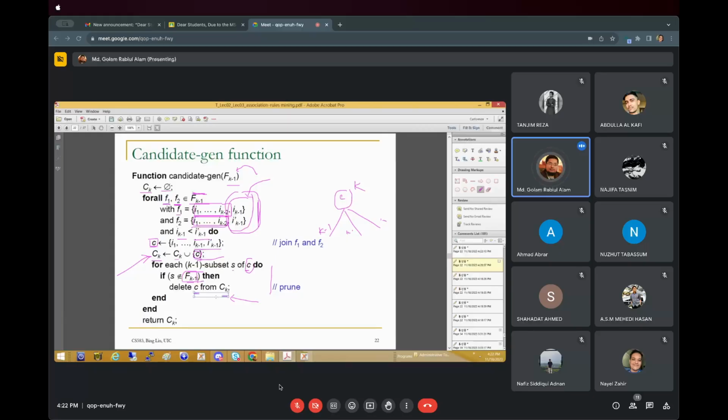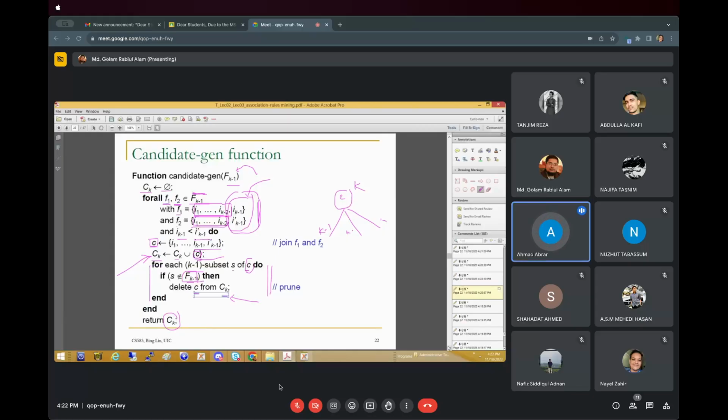It will also reduce the number of rules. This is called the pruning step. And after pruning, after fulfilling all the conditions, we will get the Ck.